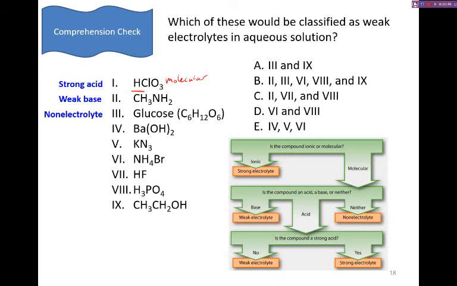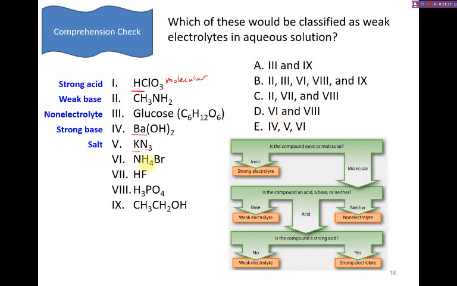Barium hydroxide, is it ionic or molecular? In this case, we have a metal with a non-metal, and that means it's ionic. It's a strong electrolyte. This is one of the strong bases that you need to have memorized. Potassium nitride, is the compound ionic or molecular? Well, we have a metal with a non-metal, and so that makes it ionic. So this is a salt.